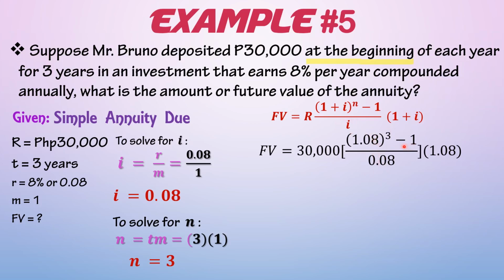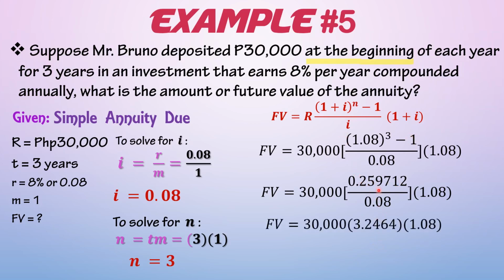So we simplify this first. 1.08 raised to 3 minus 1, that will give us this value. Dividing it by 0.08, the value of i, this will be 3.2464. So we multiply 1.08 times 3.2464 times 30,000. So the future value of the annuity due is 316,165 pesos and 50 centavos. So this is the computation for annuity due.